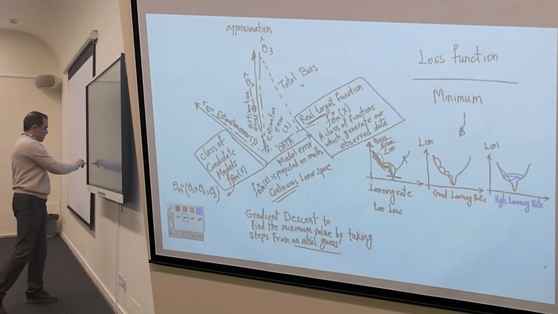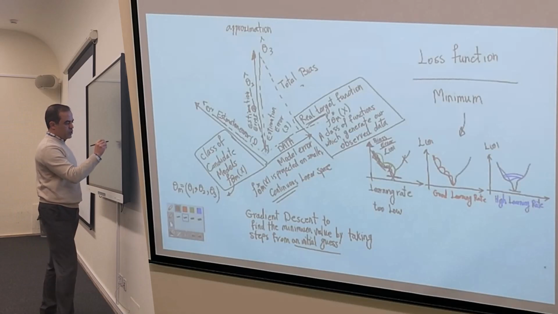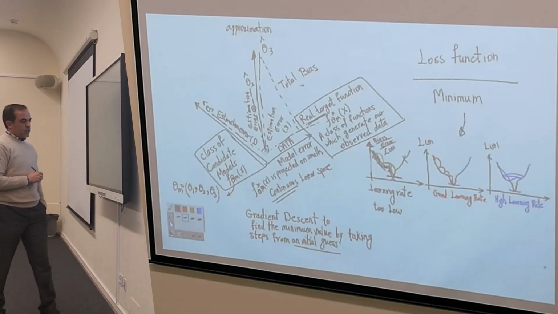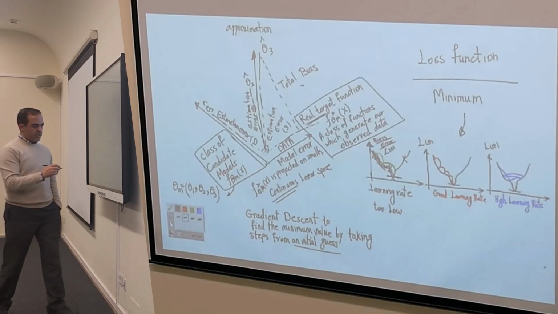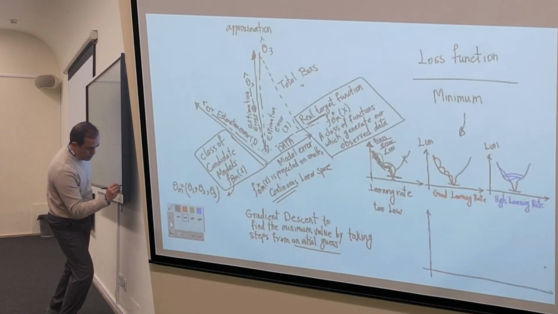Might be something like this, so we cannot reach this minimum, okay? So the learning rate is very important to be considered as a good value.